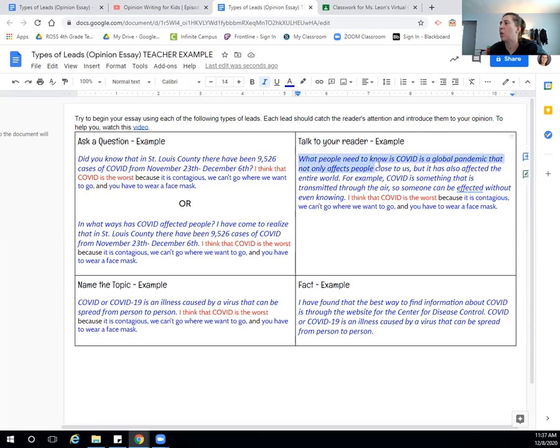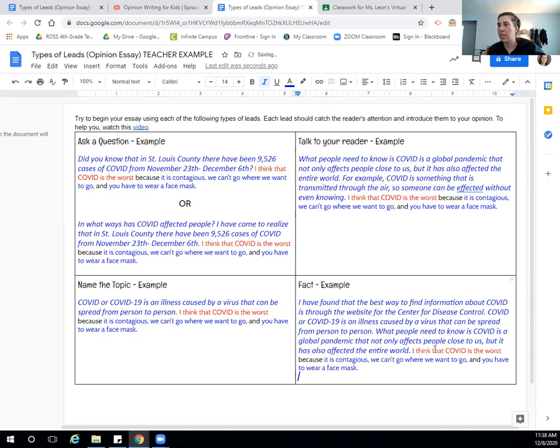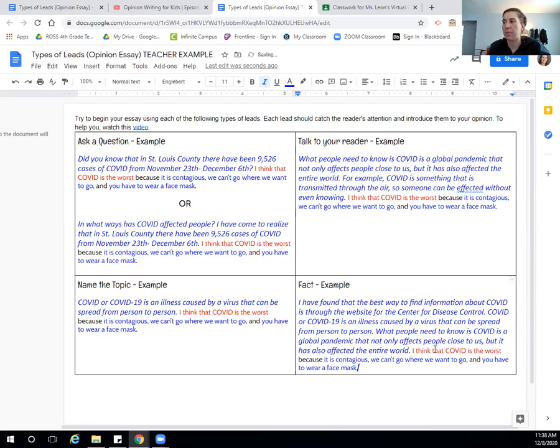What people need to know is COVID is a global pandemic that not only affects people close to us, but it has infected the entire world. I'm going to add that in. I like that. And then I'm going to put in my thesis statement. I think that COVID is the worst because it is contagious. We can't go where we want to go, and you have to wear a face mask.